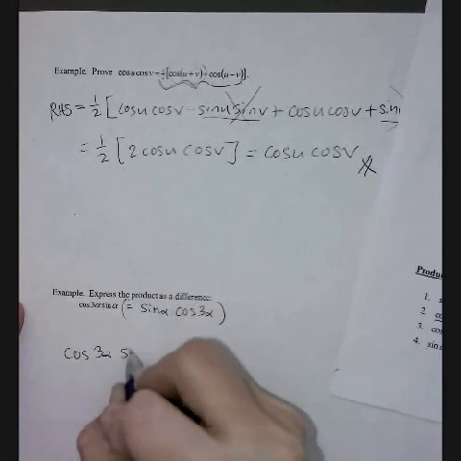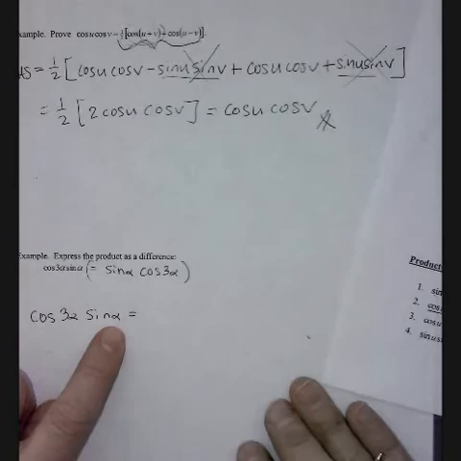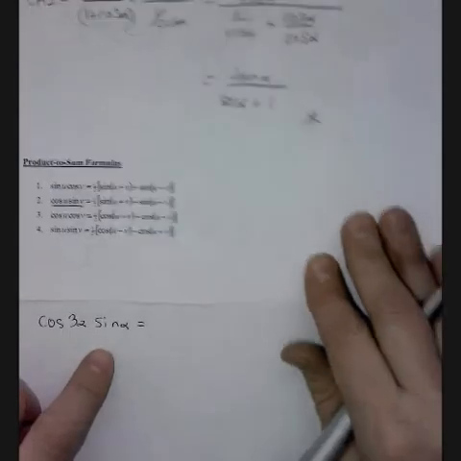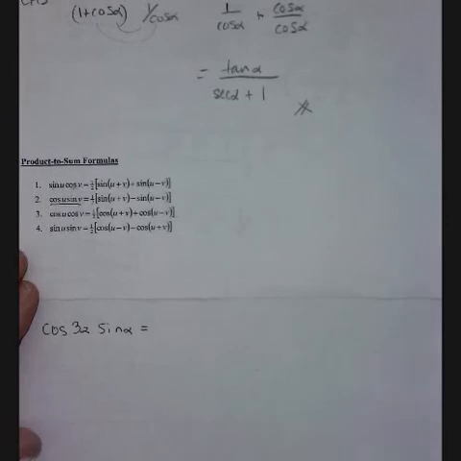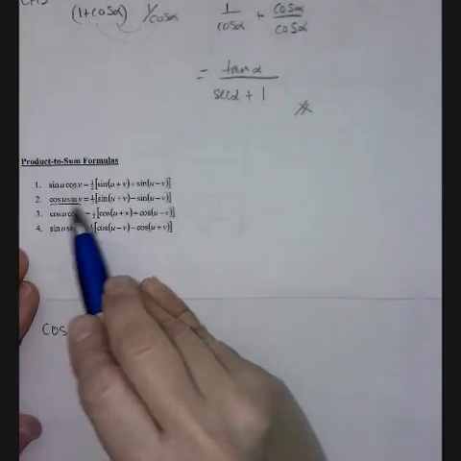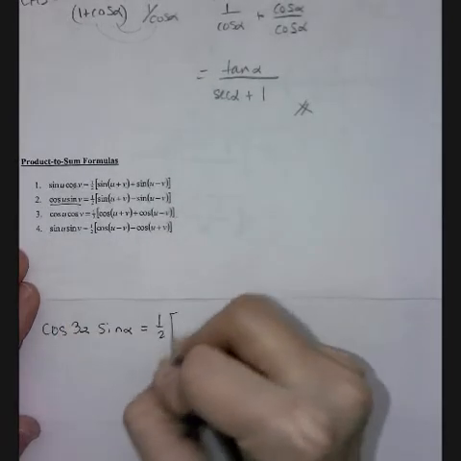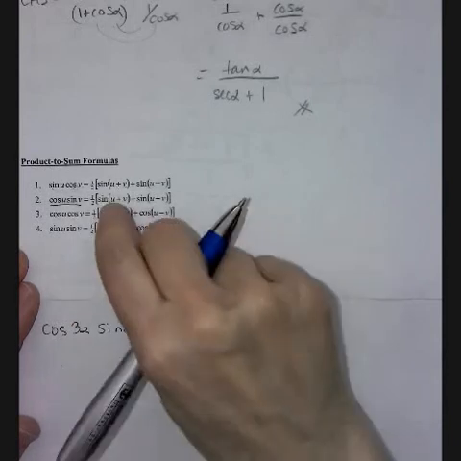Okay, so cosine 3 alpha, sine alpha, we're going to use, again, you don't need to memorize these. They're so similar, it's really easy to get them confused. So I'll provide these on the midterm. So 1/2 times the sine of u plus v. So again, think of it more as first plus second.